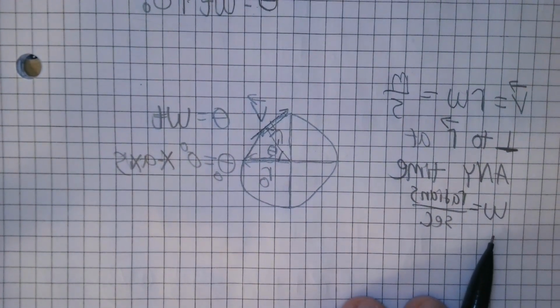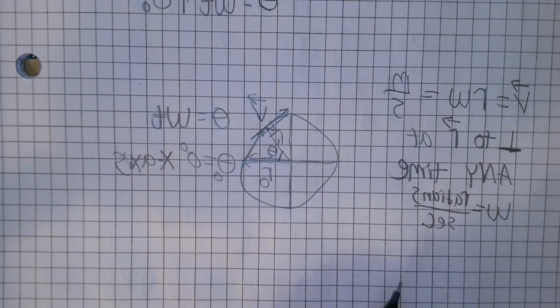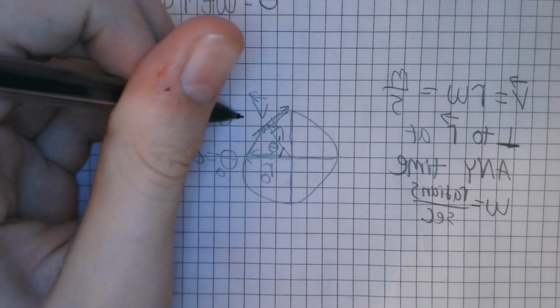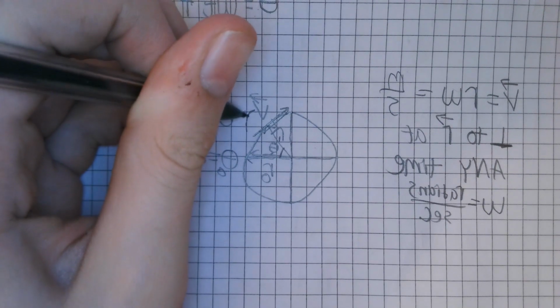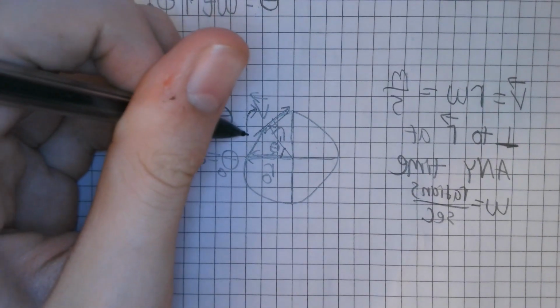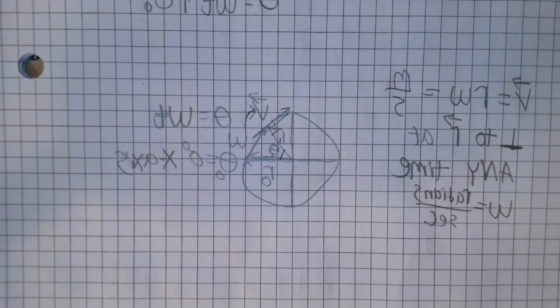I want to do an example really quick, because this can get kind of confusing. But before I do that example, I want to quickly note that if our velocities in this direction are angular velocity, which is the rate at which our angle theta changes, would be going this way. Okay. All right.